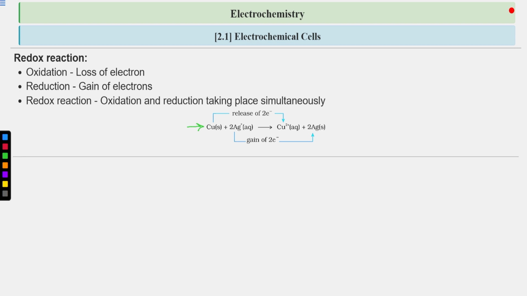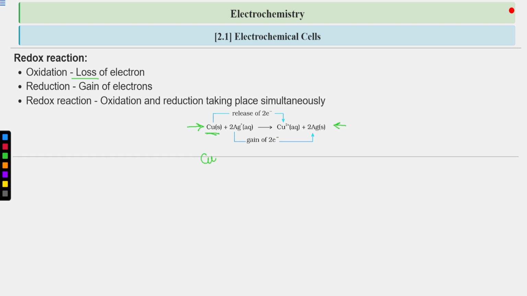You can clearly see that oxidation and reduction are both happening simultaneously. How? We define oxidation as loss of electrons. So here the loss of electrons is happening in the case of copper. Copper here is Cu, with no charge.